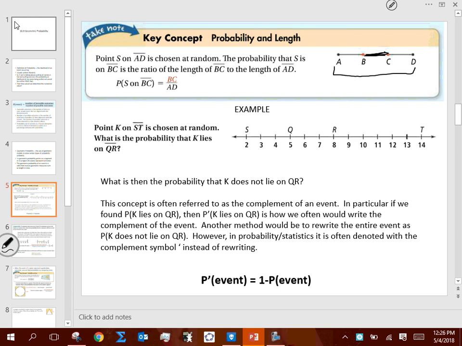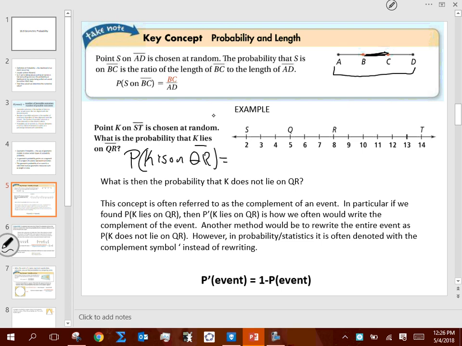Looking down at this question, it says point K is on ST. So point K is somewhere between 2 and 14, including 2 and 14. It says some point is chosen at random. What is the probability that K lies on QR? So we'd be looking at the probability that K is on QR.